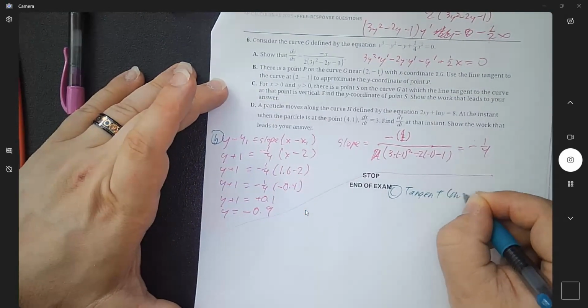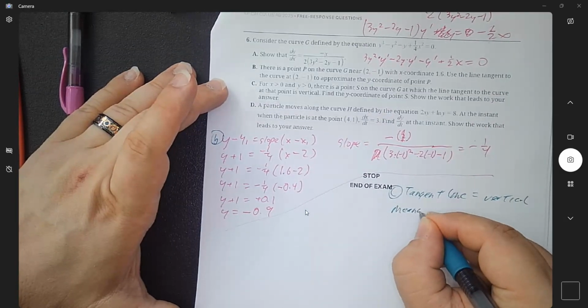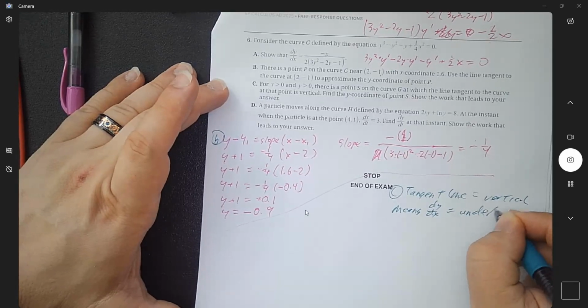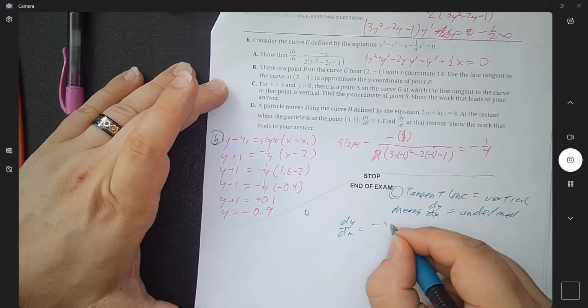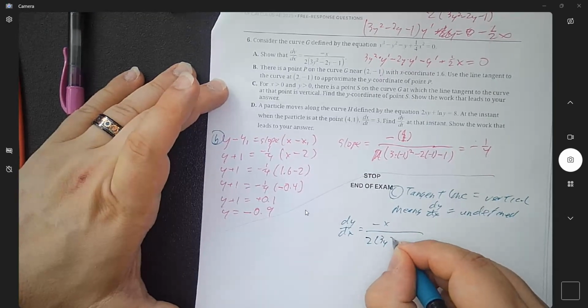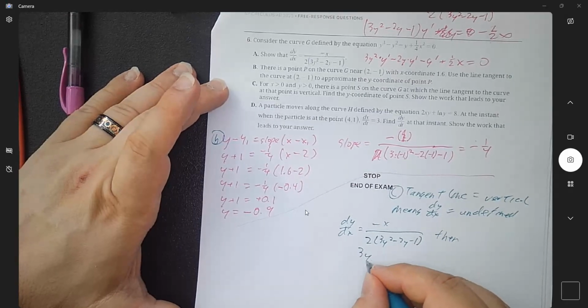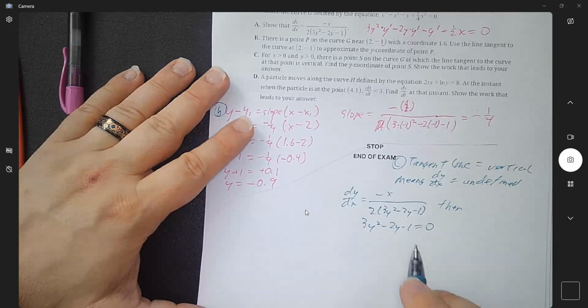Tangent line is vertical means dy/dx is undefined. So if dy/dx is -x over 2, 3y squared minus 2y minus 1, then 3y squared minus 2y minus 1 equals 0. Now I have to factor this.